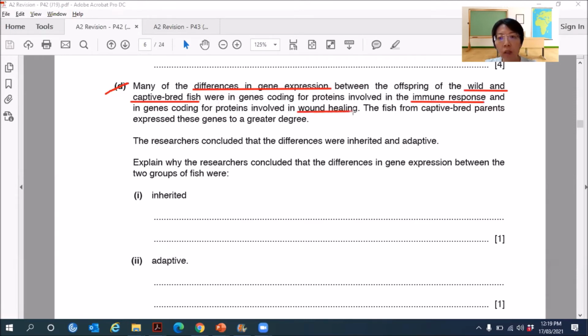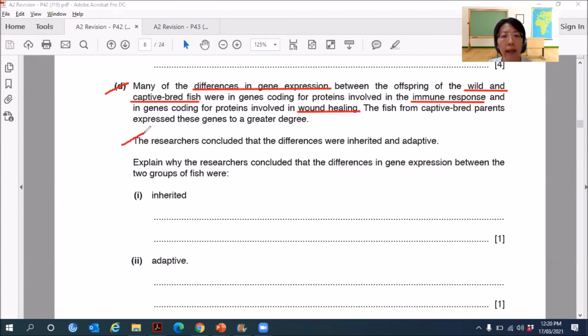So the differences between these two groups of fish, one in the wild and the other captive bred, are mainly in the genes that code for proteins in immune response and wound healing. The fish from captive bred parents express these genes to a greater degree. So captive bred fish will express more of these genes for immune response and wound healing.